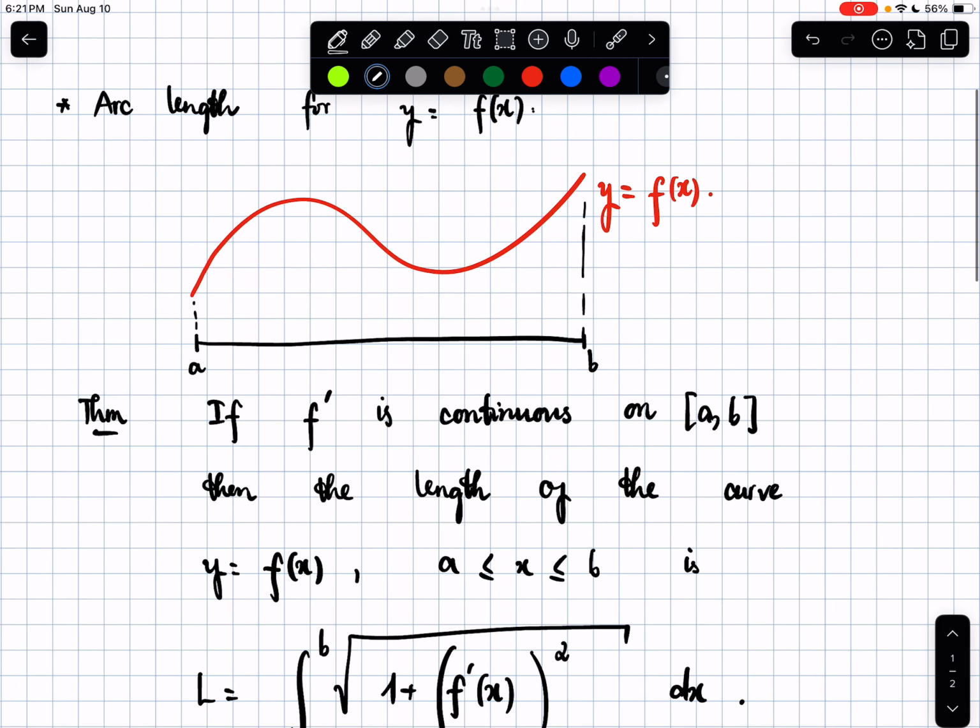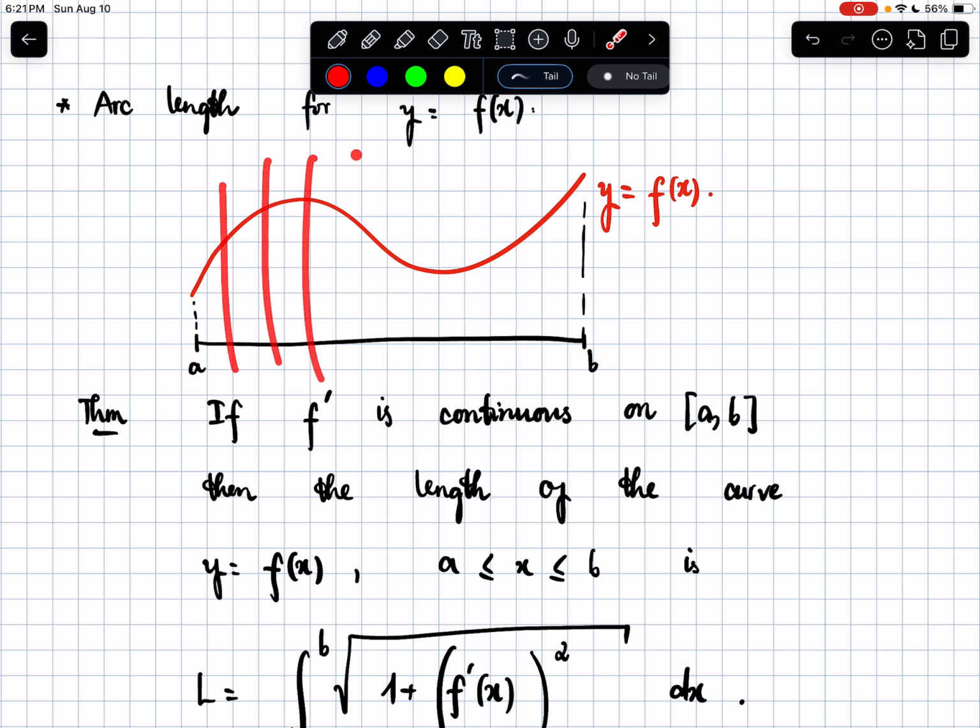So we want to understand why we have this formula. To compute the length of this arc, the strategy is as we have done for computing the area and the volume that we have done before. We create a partition of AB by slicing the curve.